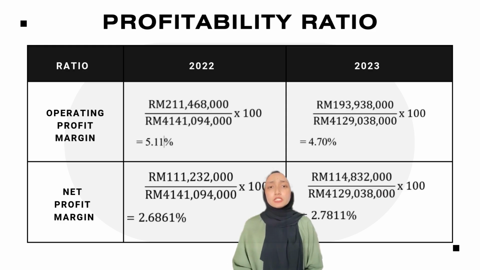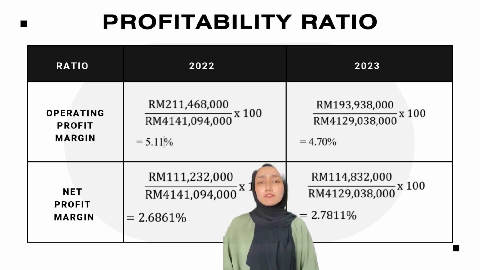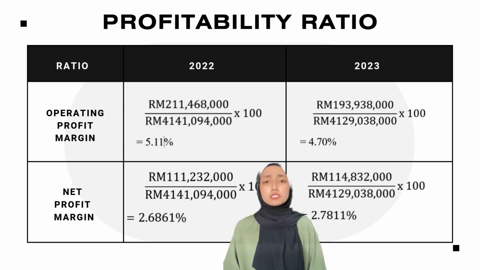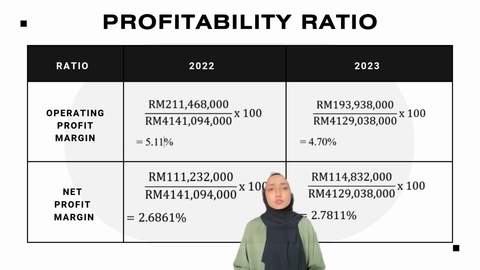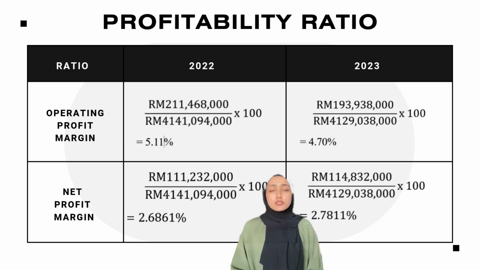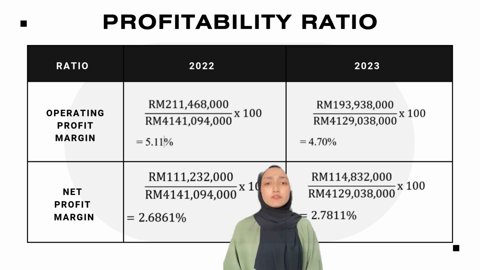In spite of this, Aeon continues to make money from all aspects of its retail business, which is a sign of operational stability. Keeping up a positive OPM in the face of outside obstacles demonstrates resilience and adaptability in the free market.